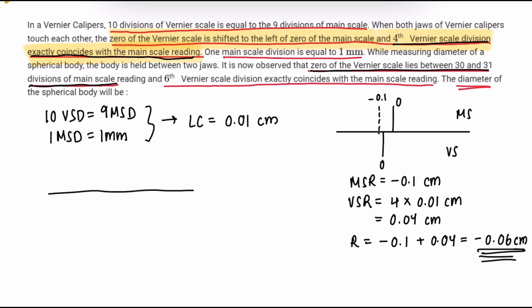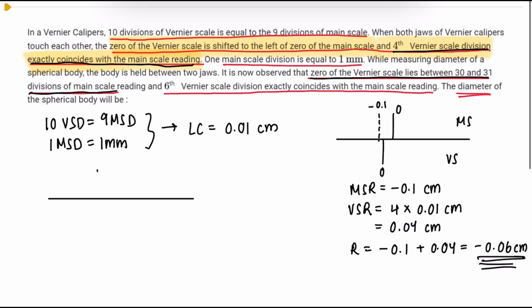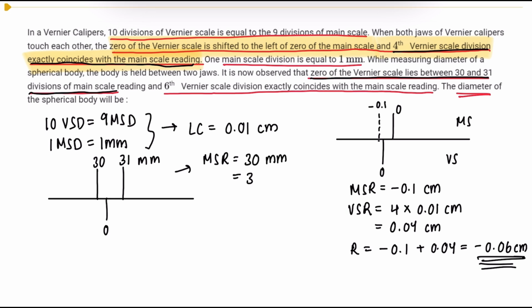So if this is the main scale, and this is 30 and 31, these are in millimeters, by the way. So then the vernier scale zero lies in between. So that means our main scale reading is 30 millimeters or 3 centimeters.